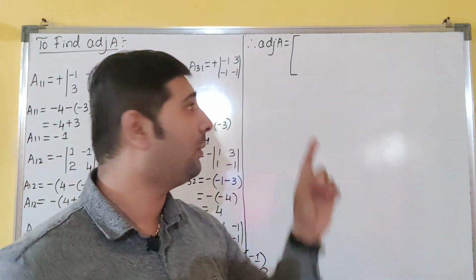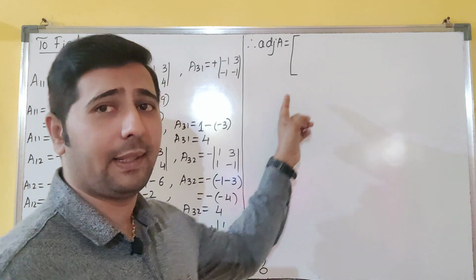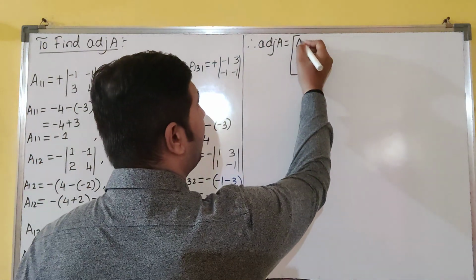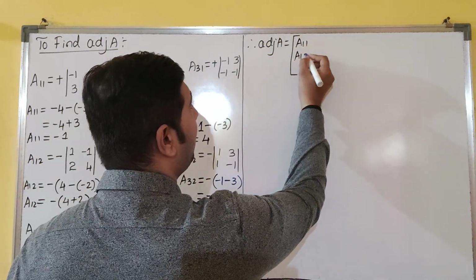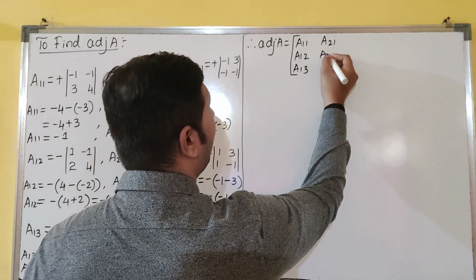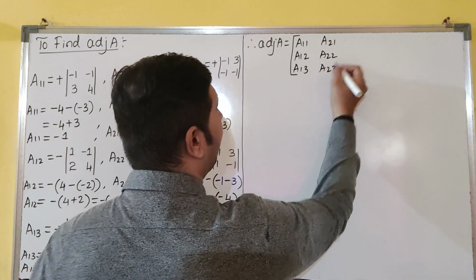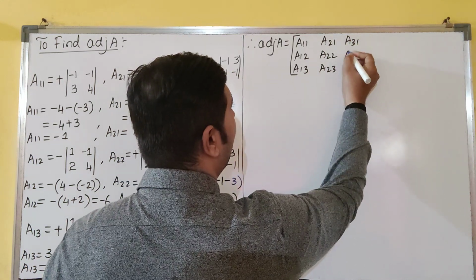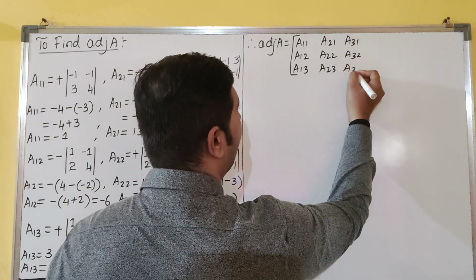Please, I request you remember this. So the matrix it is. Adjoint of A is A11, A12, A13, A21, A22, A23, A31, A32, A33.